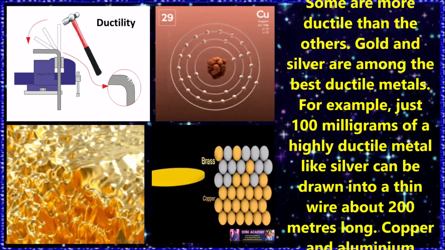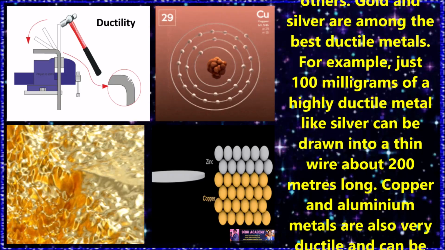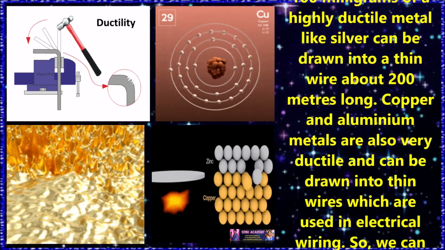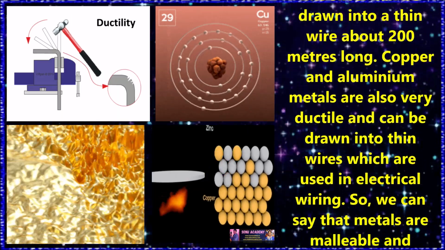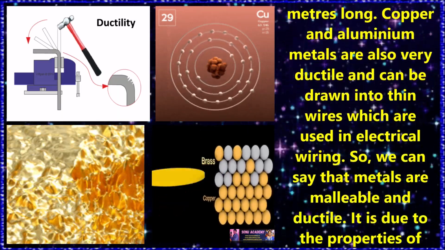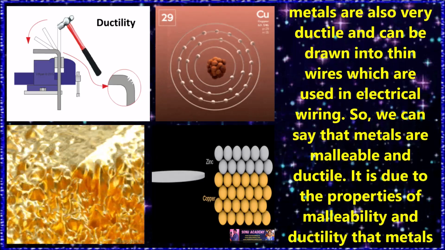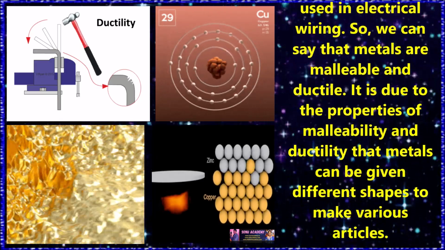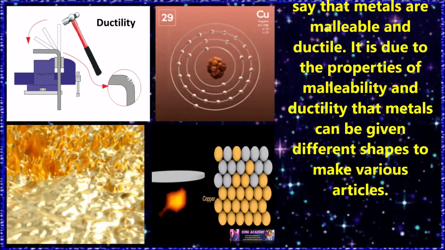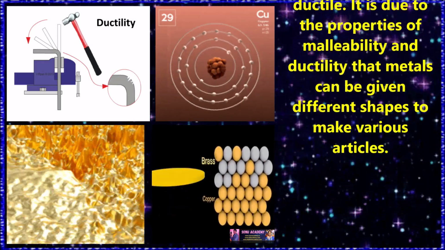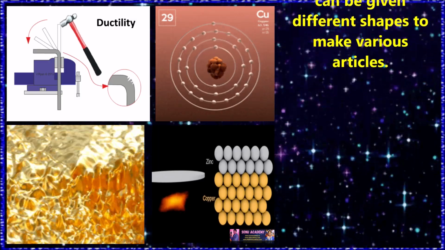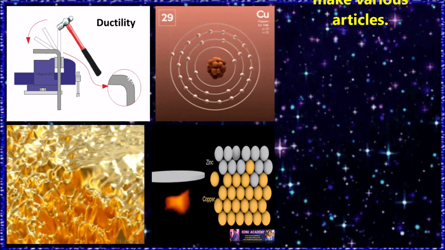For example, just 100 milligrams of a highly ductile metal like silver can be drawn into a thin wire about 200 meters long. Copper and aluminum metals are also very ductile and can be drawn into thin wires which are used in electrical wiring. So we can say that metals are malleable and ductile. It is due to the properties of malleability and ductility that metals can be given different shapes to make various articles.